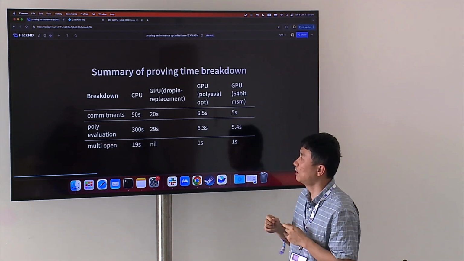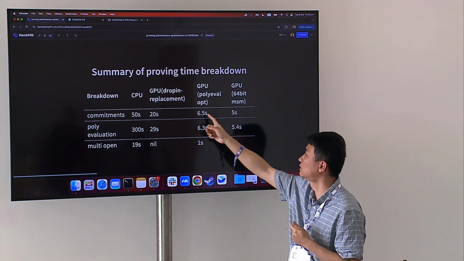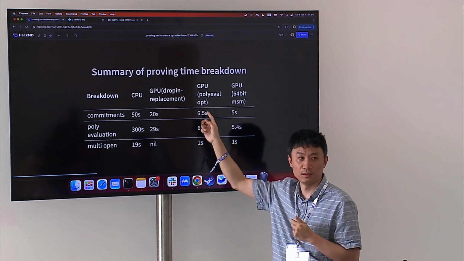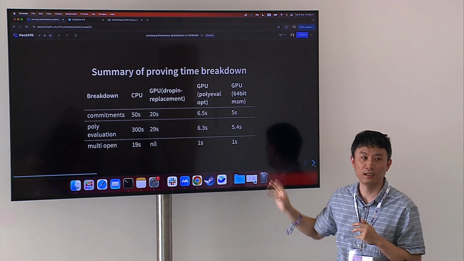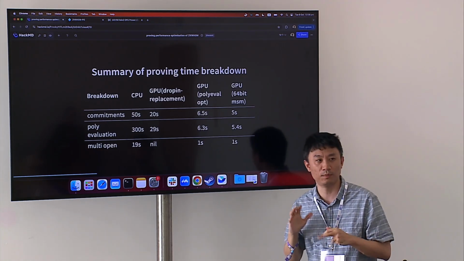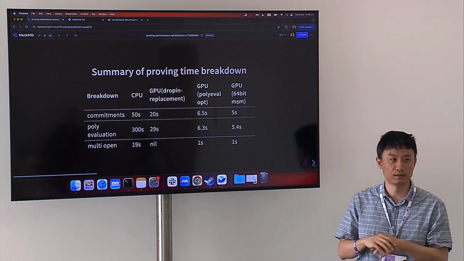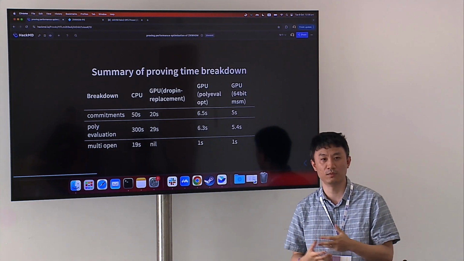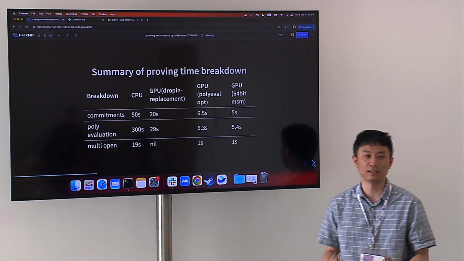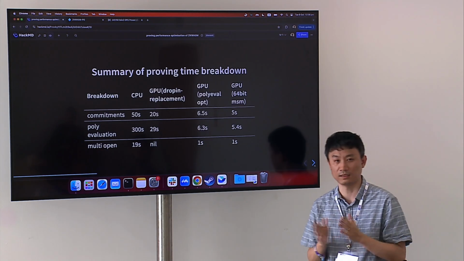But there's one more trick: you can save time on this state-of-the-art benchmark by writing a GPU library for 64-bit MSM, because when you're actually making a virtual machine, most of the witness is 64-bit.